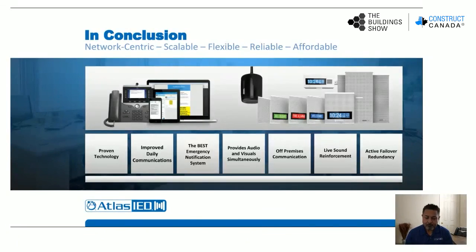And finally, the survivability, active failover redundancy, sitting on top of that survivability ecosystem applies to all the devices, guaranteeing communication is not going to be disrupted by something like a power outage.